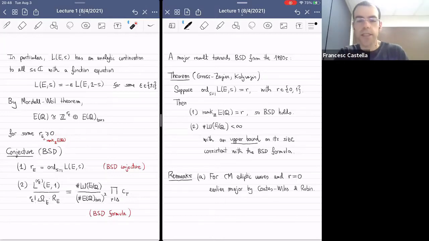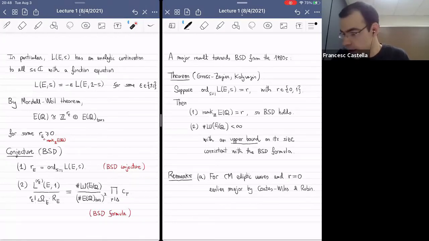But these results, instead of using Heegner points, were based on a delicate study of elliptic units. In fact, for people interested in learning about these results of Coates-Wiles and Rubin in the CM case, I saw on the conference webpage there were some lectures from Anupam from back in 2016, giving an overview of these works.